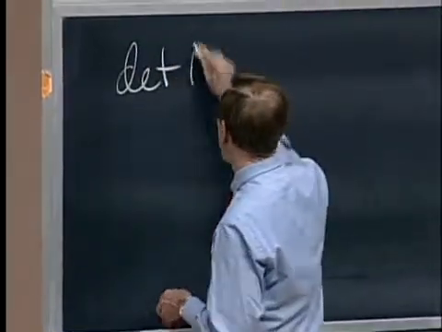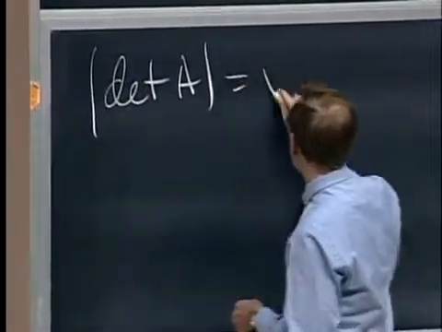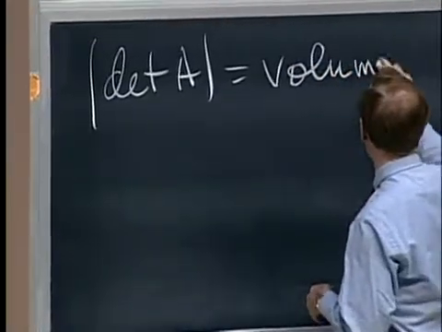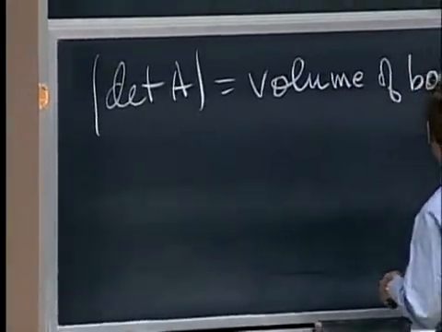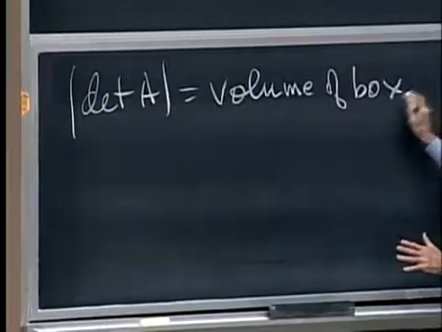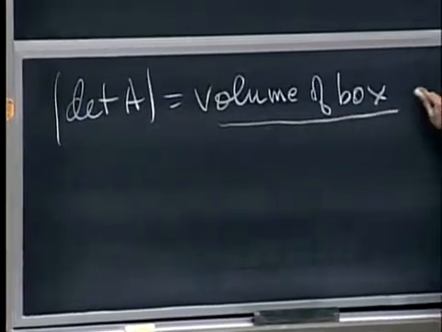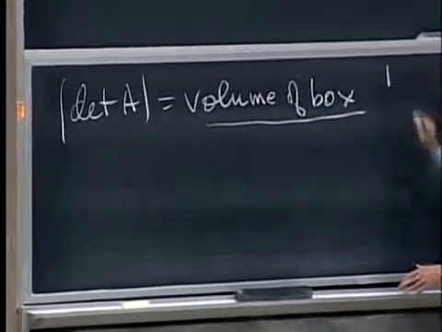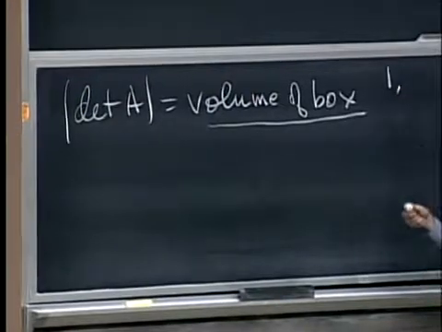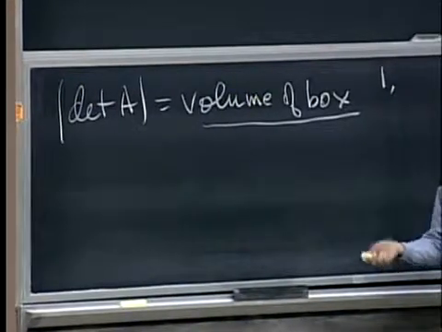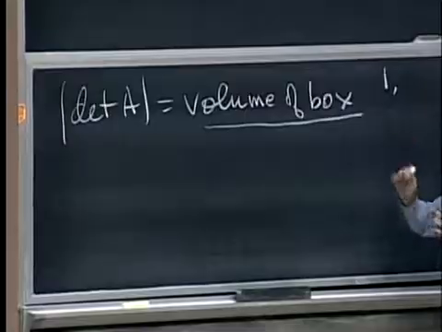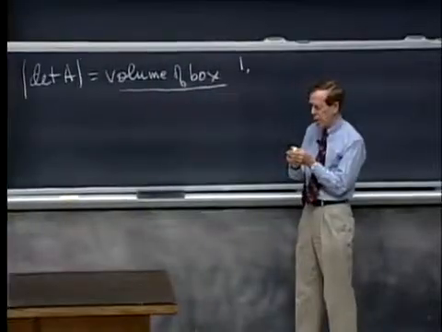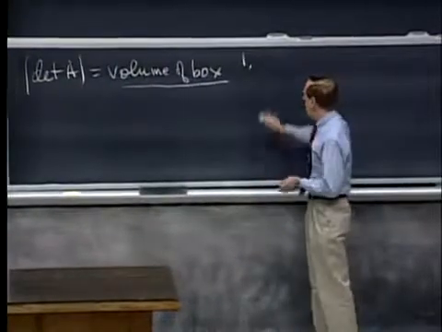So this is the end of the proof: determinant of A equals volume of box. And where am I right now? This volume has property 1, no problem. If the box is the unit cube, its volume is 1.